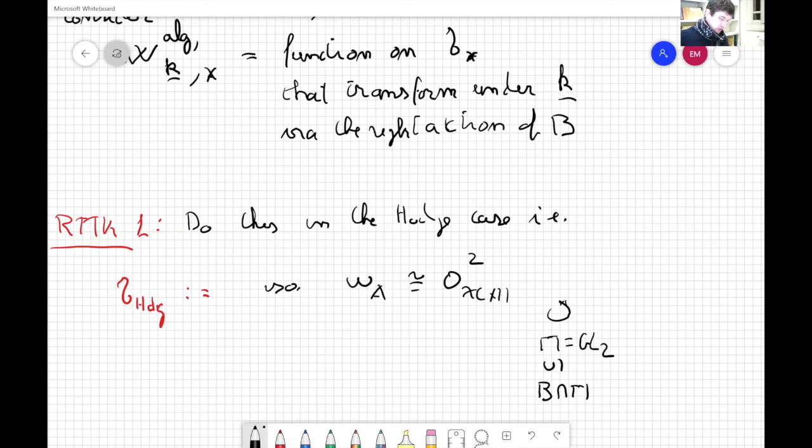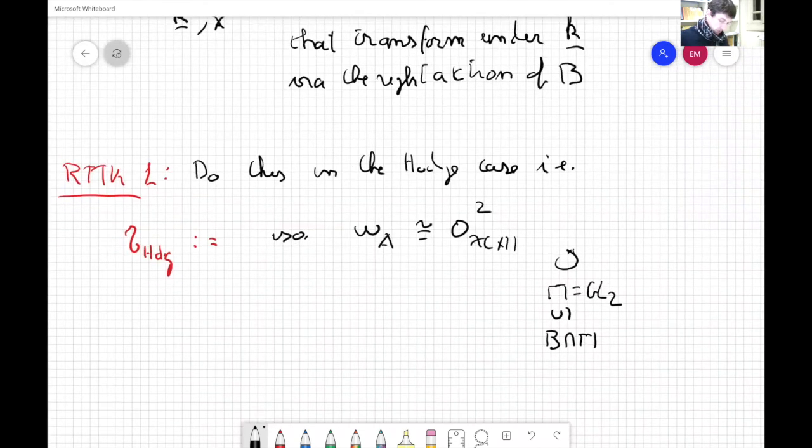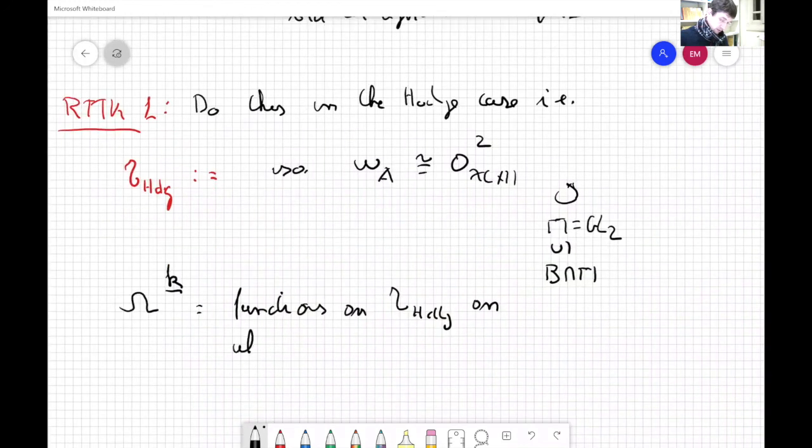And you can do a similar construction, and actually one defines the nice coherent sheaf of differentials that appear as graded pieces of the de Rham coefficients. So this is simply the functions on P Hodge on which the Borel intersected with M acts through the character chi.